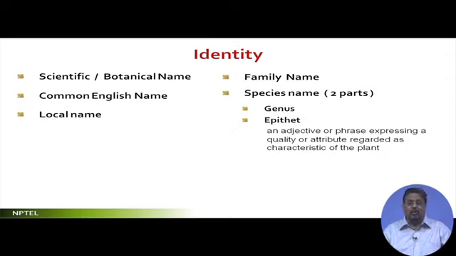One is called the genus, another is called the epithet. The genus is the name derived from the family, and the epithet is its characteristic, some special characteristic expressed by adjectives. I'll give you one or two examples, and you will understand. It is very interesting, and the deeper you go into it, the more exciting it is to know about plants in such a form.